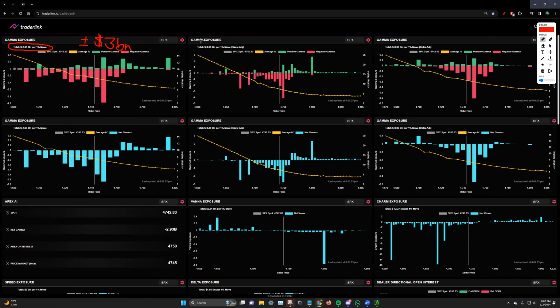When it is above or below this plus or minus 3 billion, the environment is more stable. And the reason we look for more stable environments is because if the environment is consistently changing from positive to negative, it's going to change the hedging requirement of certain levels. So that's why we like to wait and watch for a plus or minus 3 billion. So anything above 3 billion or anything below negative 3 billion. Does that make sense so far?